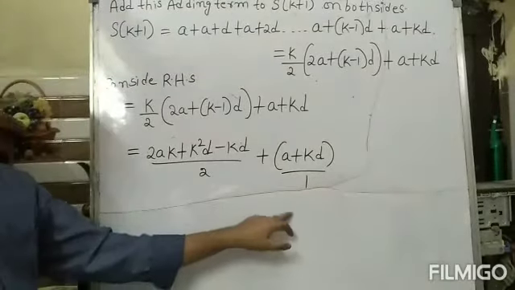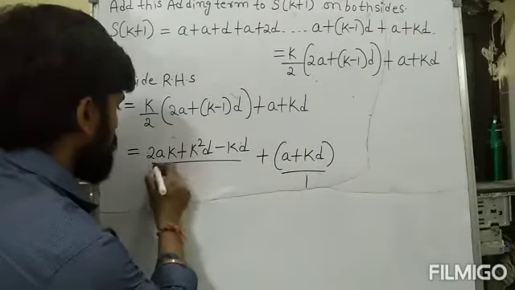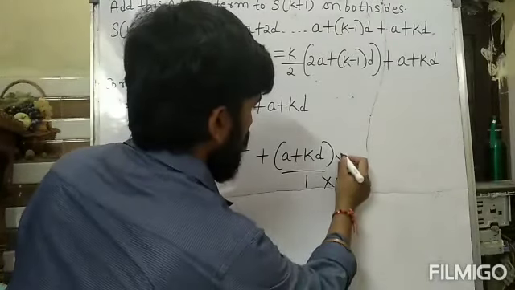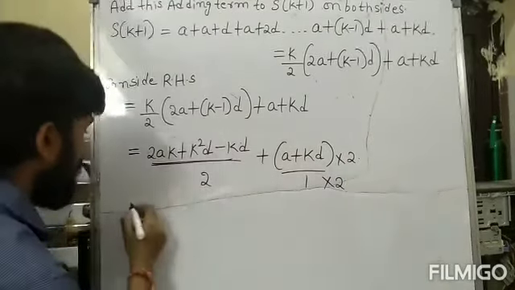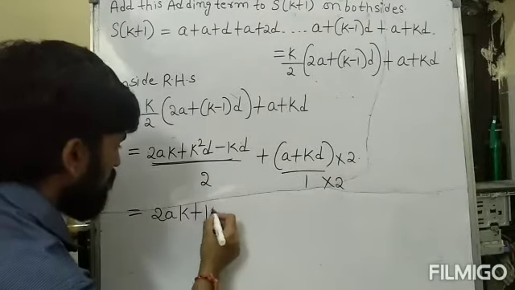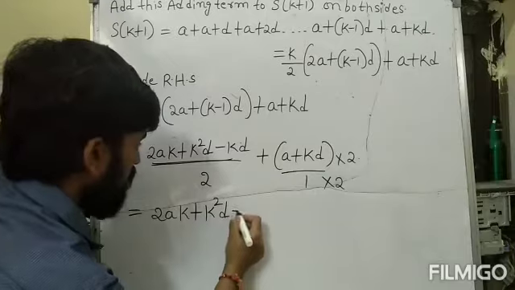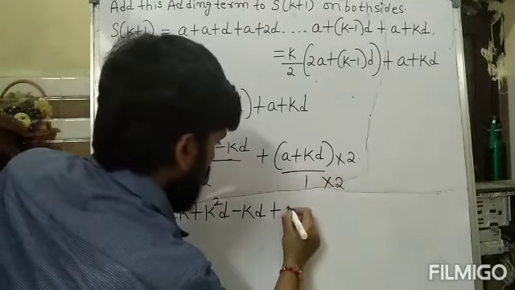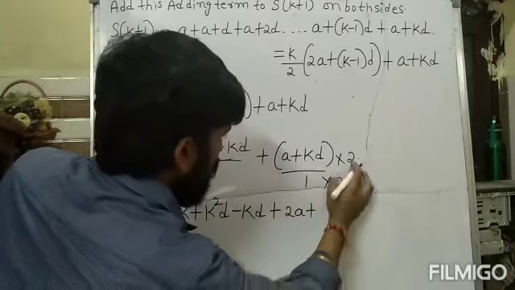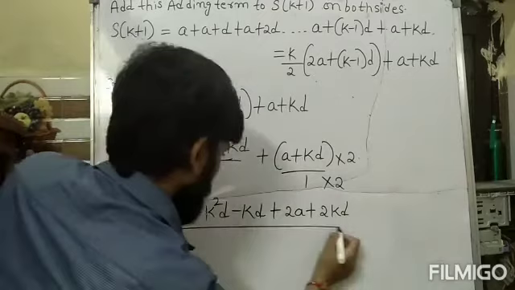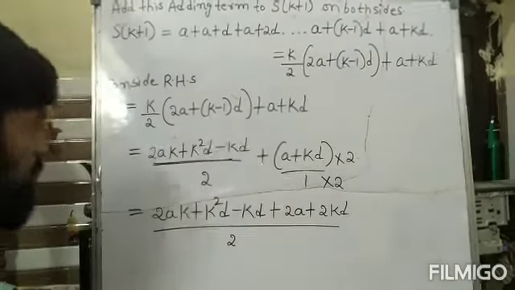Do the LCM for this. Then it will be 2ak plus k square d minus kd plus 2 into a, 2a plus 2kd, by 2.